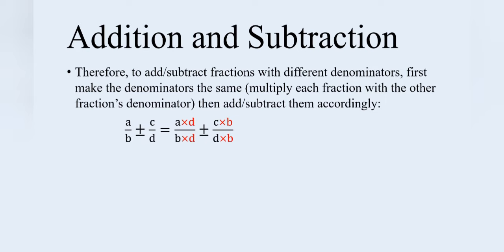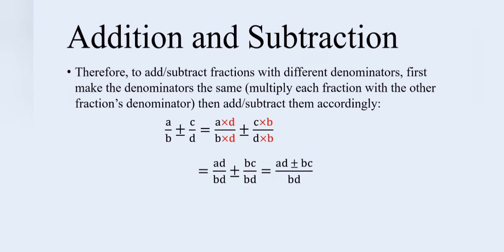So, in other words, a over b plus or minus c over d is equal to a over b multiplied by d plus or minus c over d multiplied by b, which is equal to ad over bd plus or minus bc over bd, which is equal to ad plus or minus bc all over bd, where a, b, c, and d are all integers.